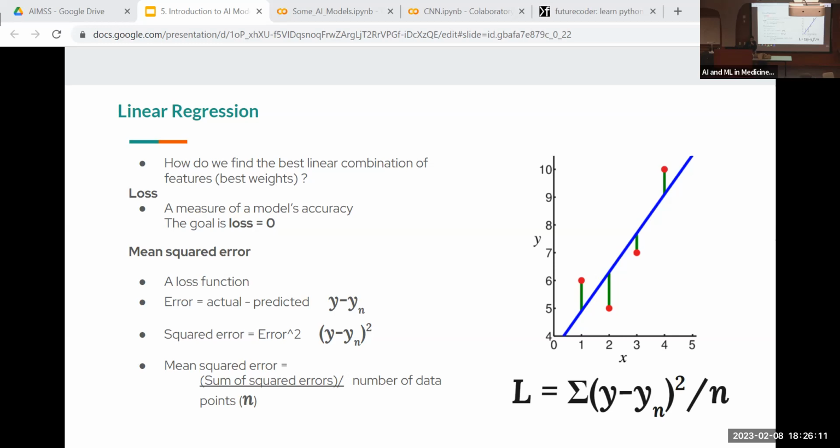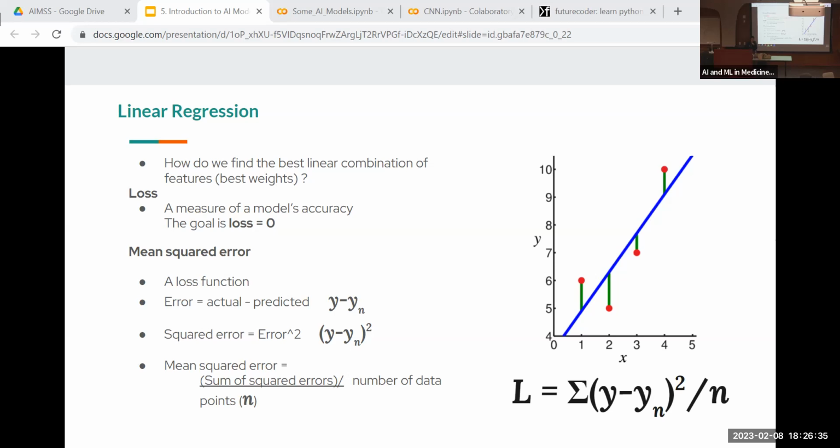We can define a function which is called a loss function, and aim to minimize the loss function, or the error, in order to find the best weights.